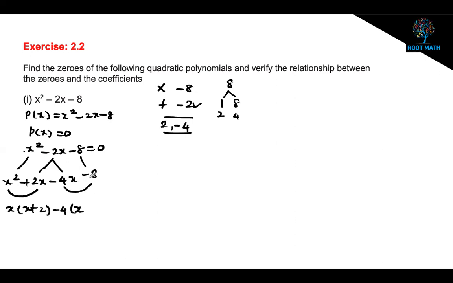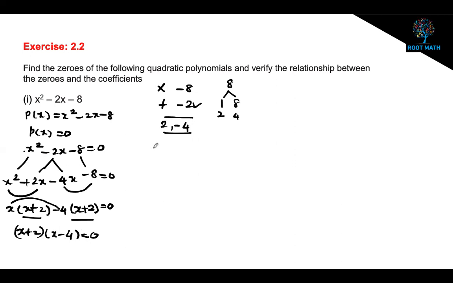So x, since the negative went out, there is only plus, and 2 4s are 8, equals 0. In both the terms x plus 2 is common, take it out, and x minus 4 combine together and write as the second factor. So the first factor is x plus 2, the second factor is x minus 4.